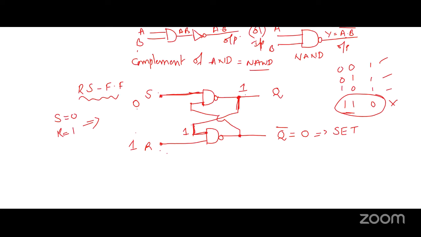So this is a set state. This you can call it as a stable state. Okay. Next is the S0 R. Next S1 R1.